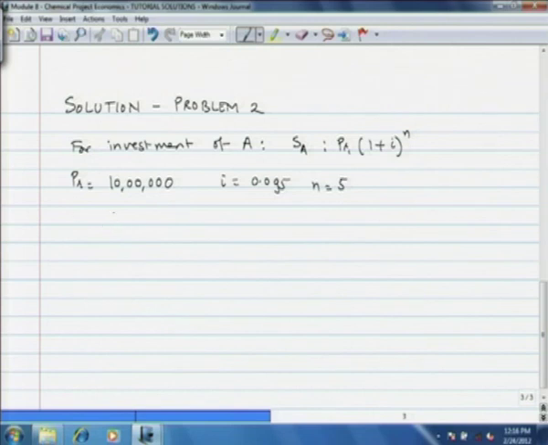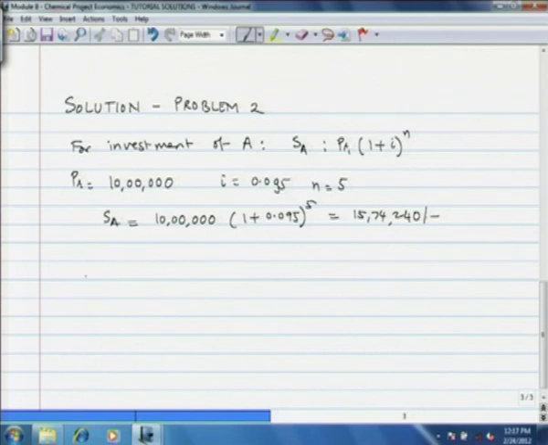So, the maturity amount for A will be 10 lakh into (1 plus 0.095) raised to 5, which is equal to 15,74,240. So, that is the maturity amount of person A.